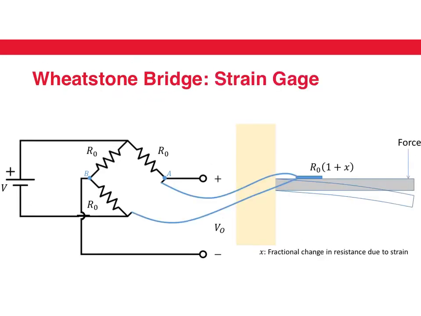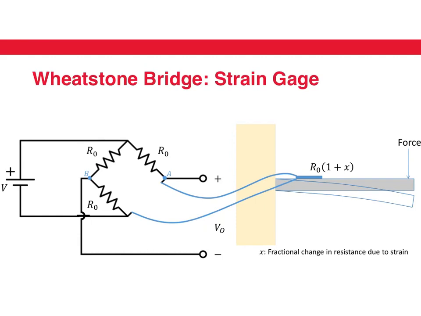How are we going to use Wheatstone bridges in reality? So here's a strain gauge, and we just run wires from the strain gauge to the Wheatstone bridge, connect it in, and measure the output, and that would give us the change in resistance.